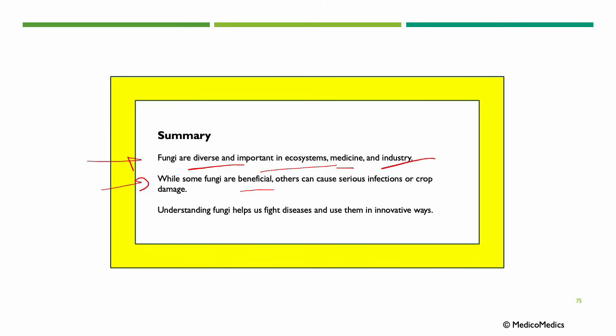While some fungi are beneficial, like penicillin, others can cause serious infections or even crop damage. Understanding fungi helps us fight diseases and use them in innovative ways. So fungi are everywhere, essential for life, but can also cause problems. By studying them, we can harness their power for good while protecting ourselves from harm.